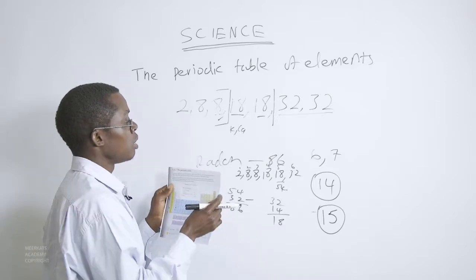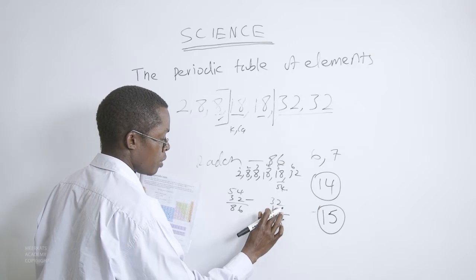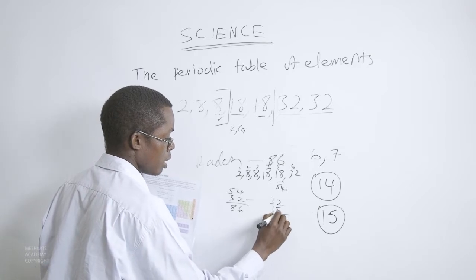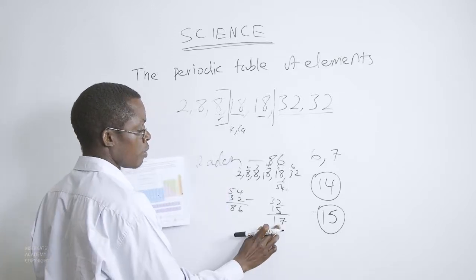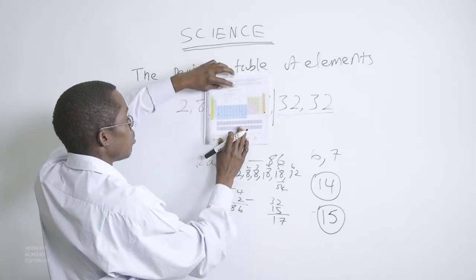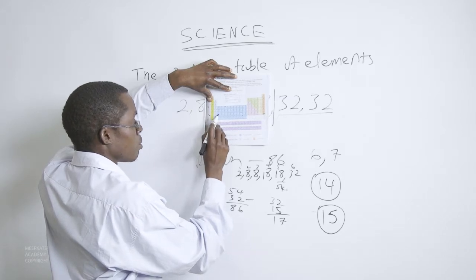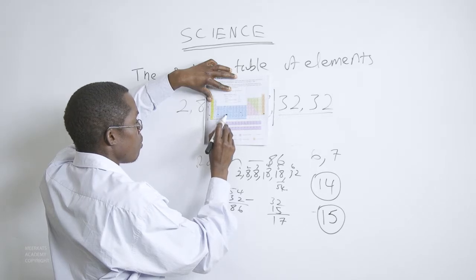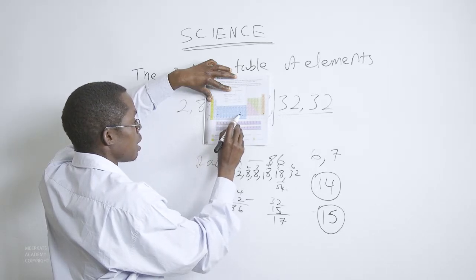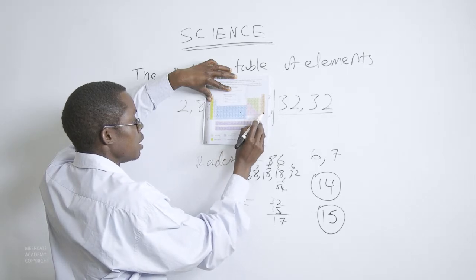If I can just use this radon, if I subtract 15, it will give us 17. So when it comes to 17, when counting, you will skip this one by saying 1, 2, 3. I've skipped now this. 1, 2, 3, 4, 5, 6, 7, 8, 9, 10, 11, 12, 13, 14, 15, 16, 17.